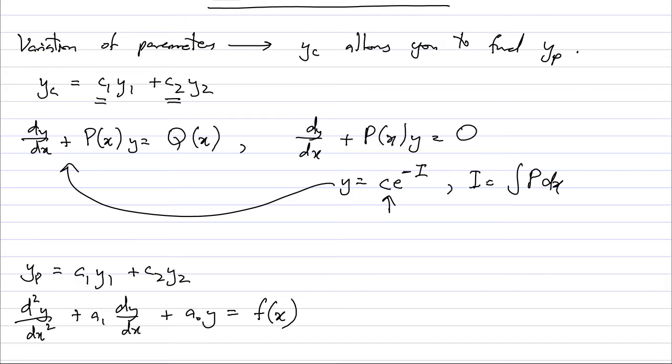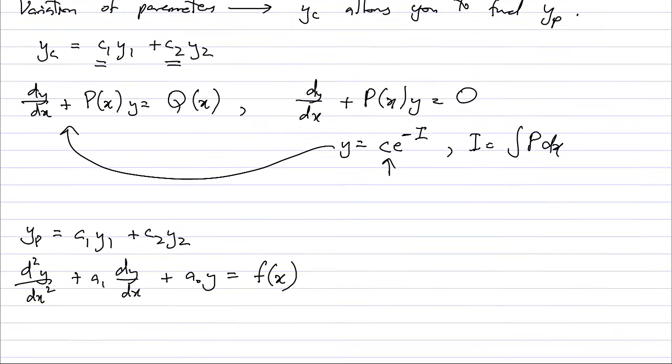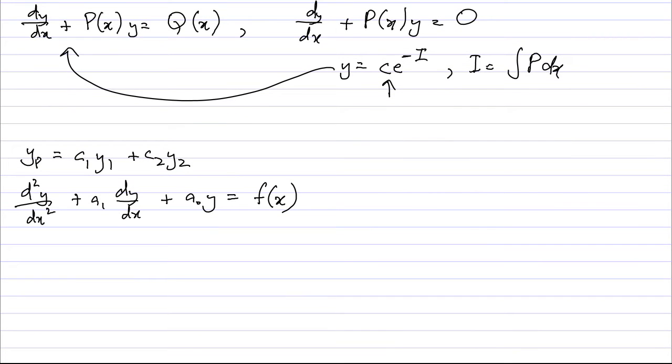Then you have to essentially work out dy by dx. I'm assuming that my y is of this form, because I'm working out the particular integral. So I'll just write that y is c1y1 plus c2y2. First I'll have to work out dy by dx.